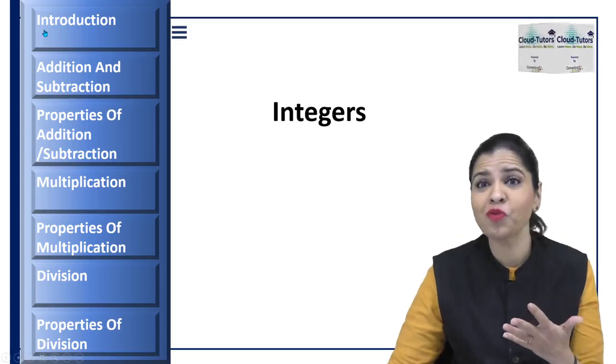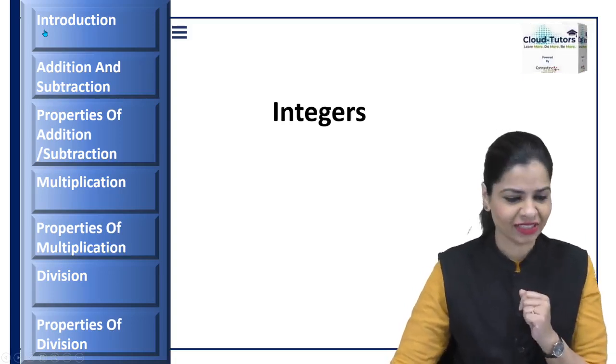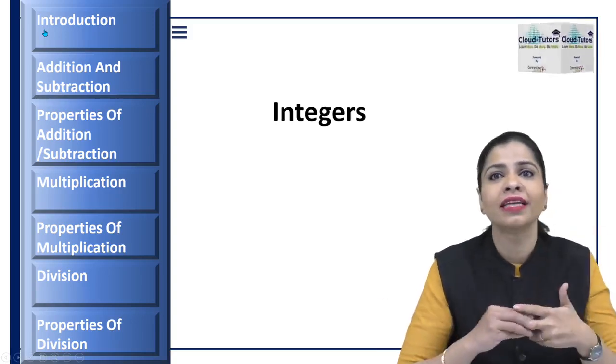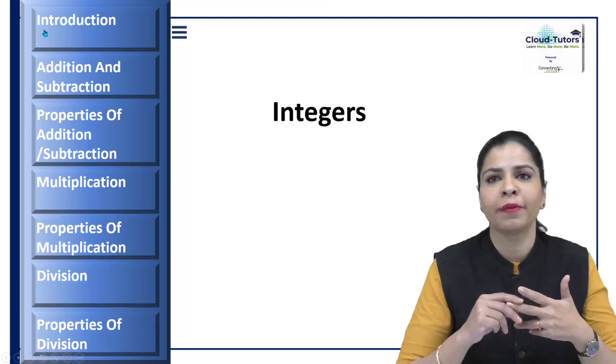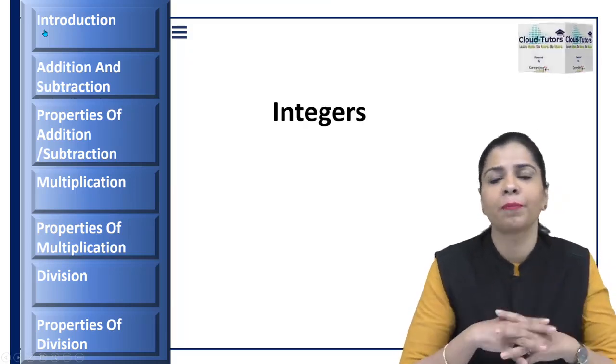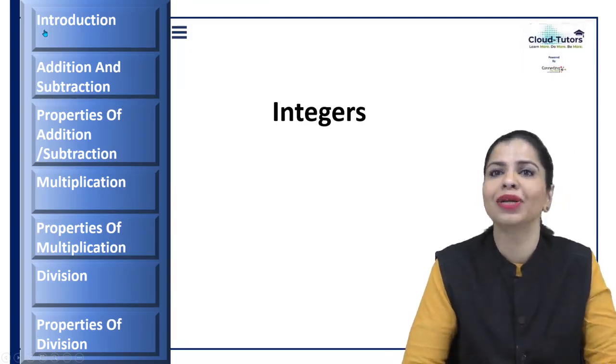Addition and subtraction of what? Definitely the integers. Then we will also be learning the properties, then also seeing the other mathematical operations, that is multiplication and division and related properties to them. Alright, so let's get started.